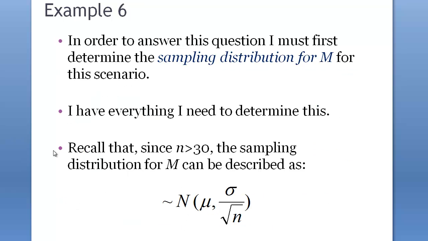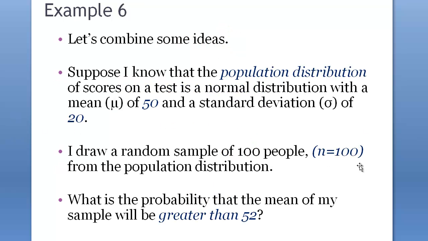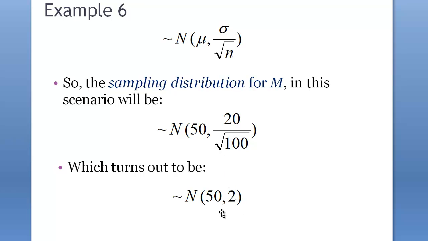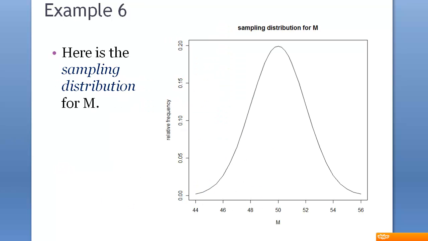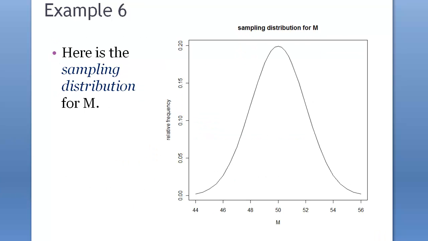The standard error is the standard deviation of the population divided by the square root of the sample size. So it's 20 divided by 10, which is 2. Now let's calculate the z for this.